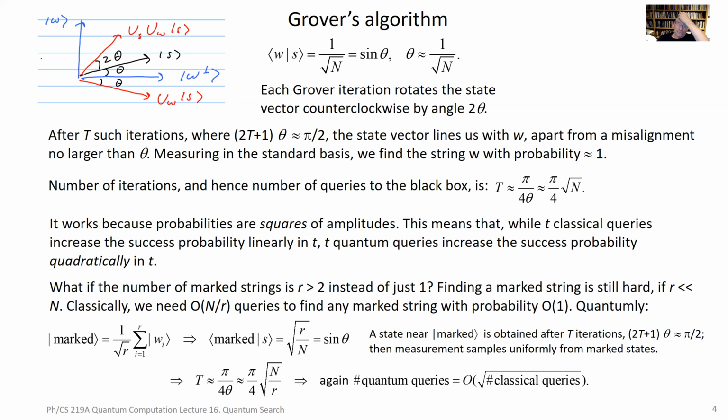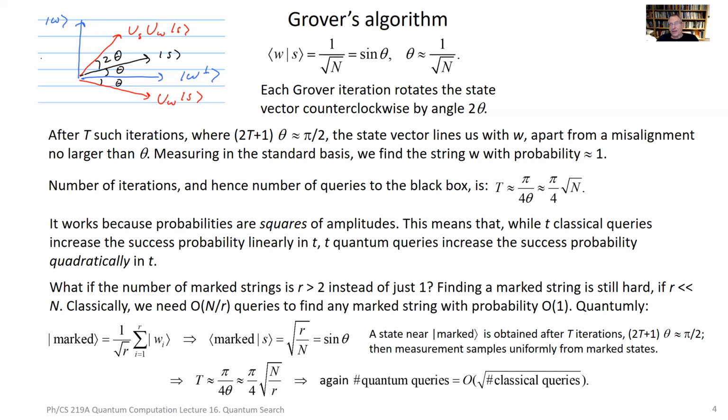So after I've rotated t times, the square of the amplitude is going to scale like t squared. So the probability of finding the string I'm looking for after little t iterations increases like t squared instead of t, all because probabilities are squares of amplitudes.